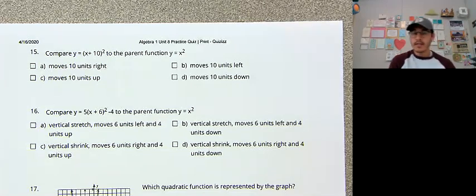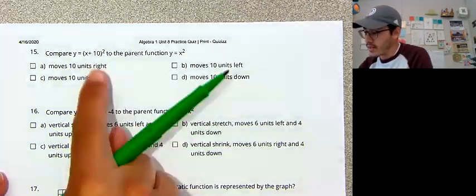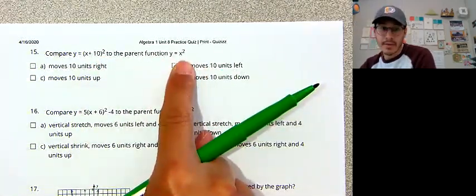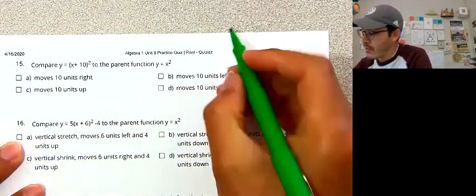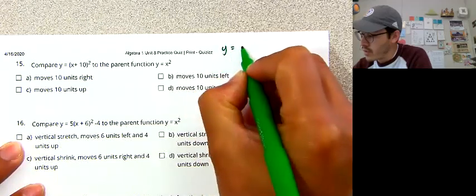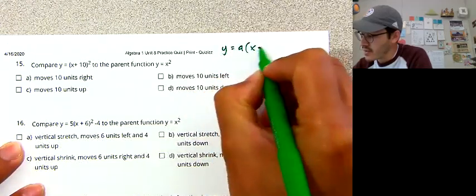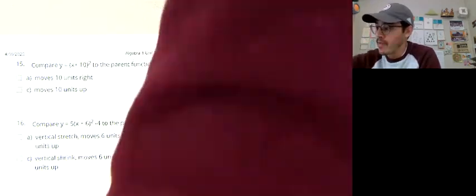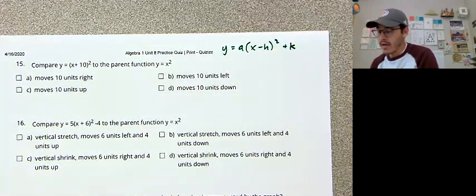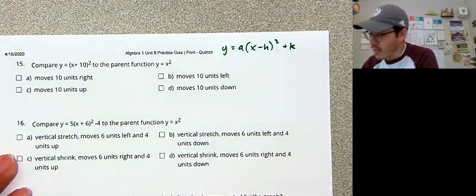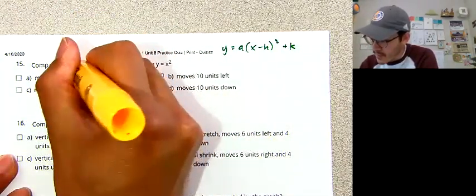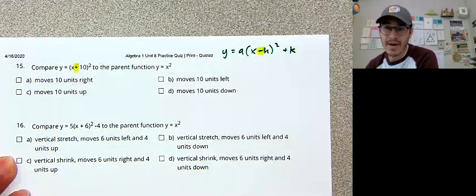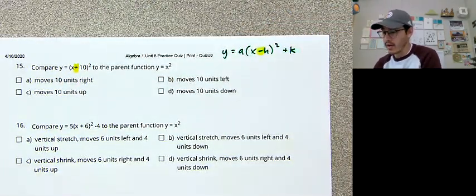Right, 15. We've got (x plus 10) squared, and we want to compare that to the parent function. Okay, so remember, we had y equals a times (x minus h) squared plus k. Now, before you get too deep into this problem, just recognize that the function here has a plus sign, but in our formula we have a minus sign. So we're just going to rewrite it real quick.